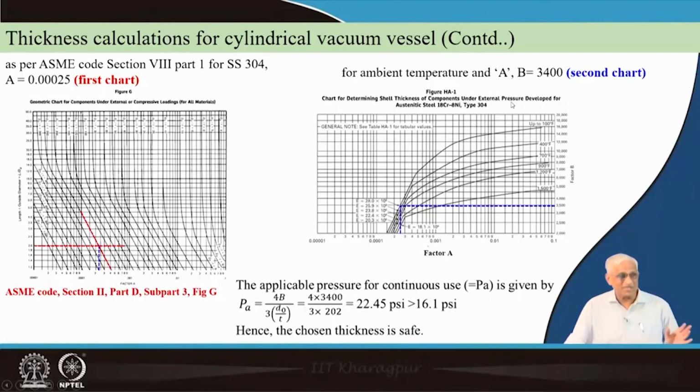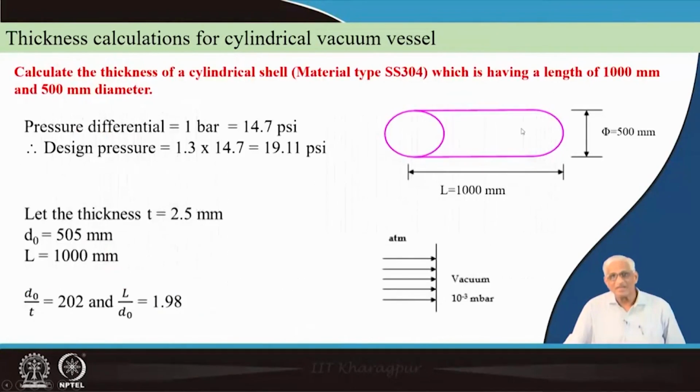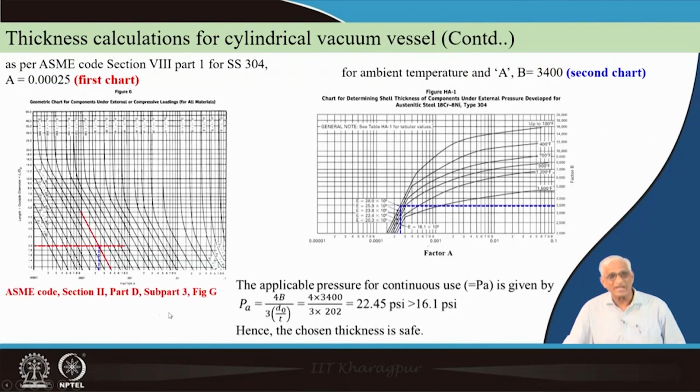So, very briefly to a layman, I can say from the dimensions or dimensionless parameters, you go to chart A. That means in our case d naught by t, L by d naught. So, these two parameters you can use here, and you have got different d naught by t curves here, for which you have to take for different L by d naught things and calculate a factor known as A factor.